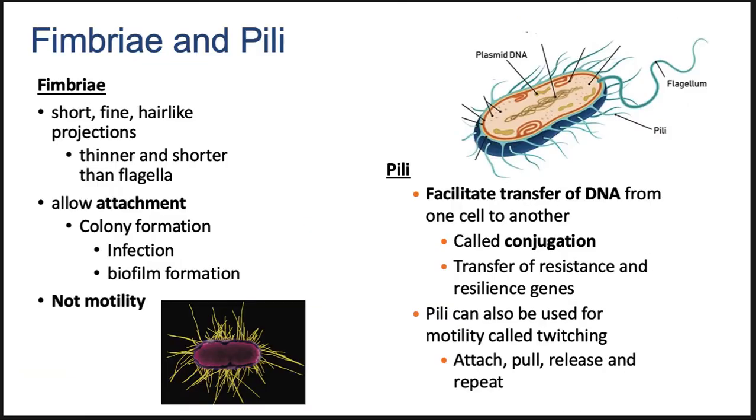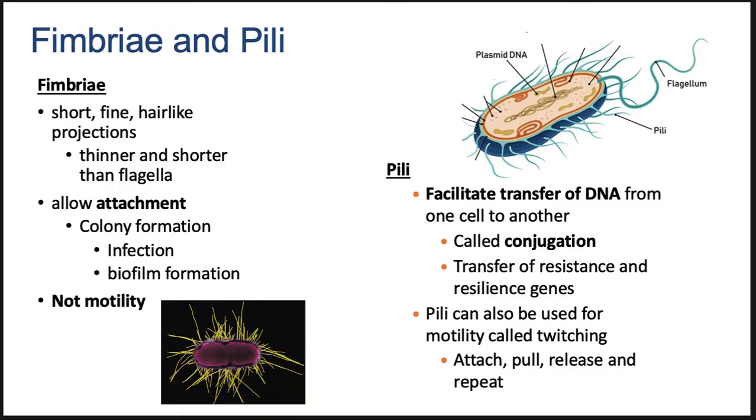We learned that fimbriae are like short fingers. They are short, fine hair-like projections that are good for attachment, for colony formation. They are not used for motility. We learned about pili, which could be one or more pili on a cell, typically used for the transfer of plasmids, and that's through a process called conjugation.